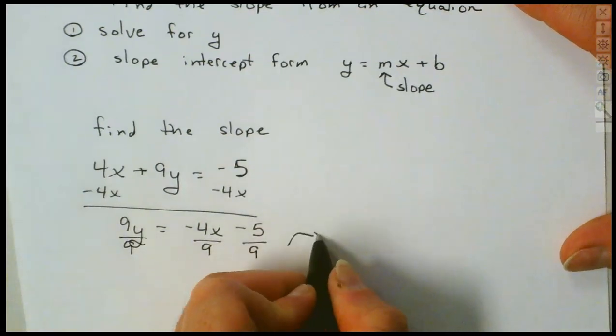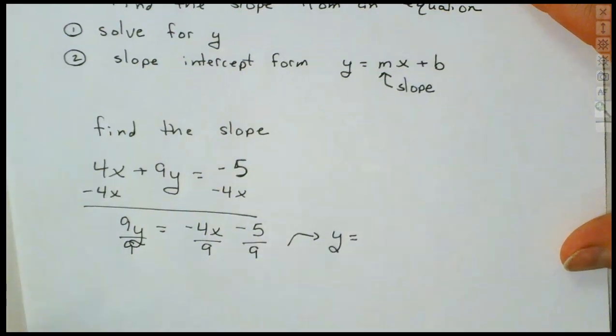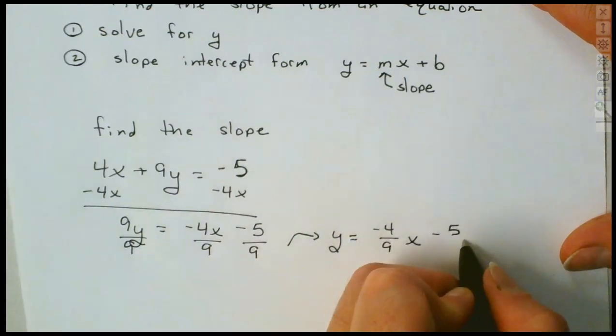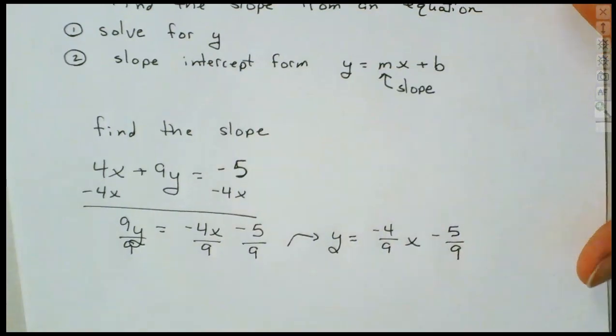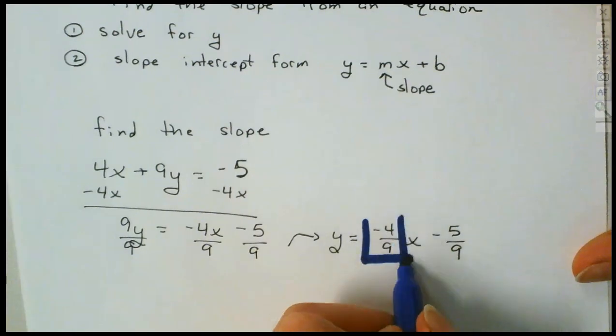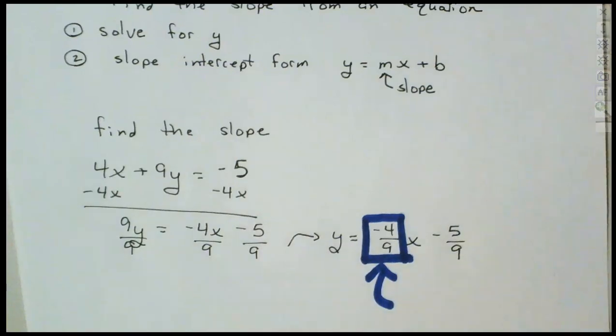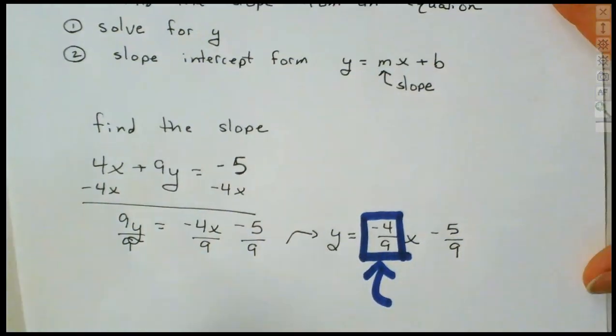Now we have it in what's called slope-intercept form, where it's y equals minus 4/9 x minus 5/9. Now we want the slope. Once you have solved it for y, then that becomes your slope. So in this case, my slope now is minus 4/9.